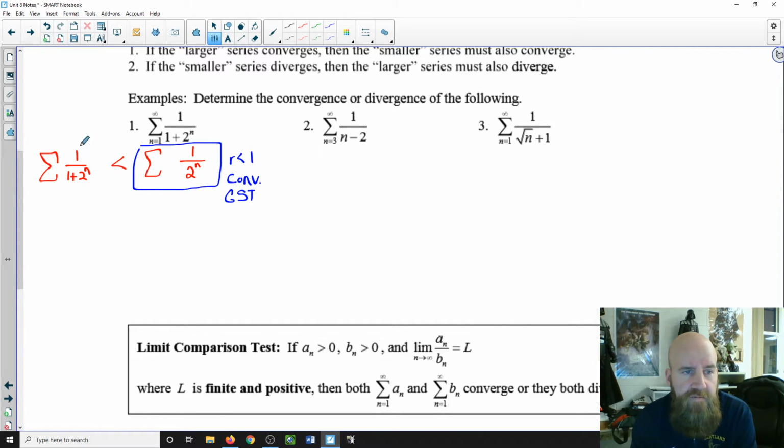Okay, so if this one converges, we can say that this one also converges, and that would be because of the direct comparison test. Converges by direct comparison test.